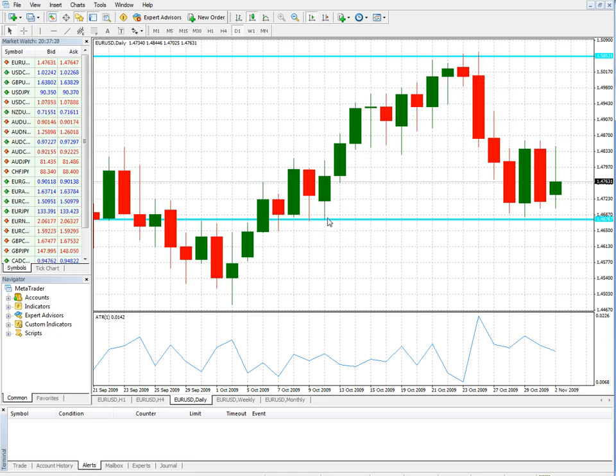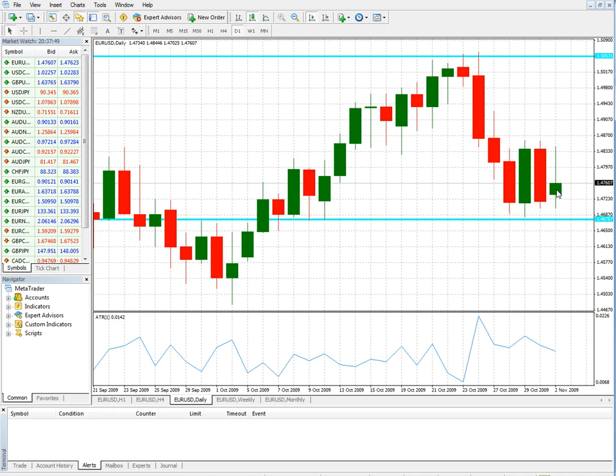Now, as you can see, prices are still inside of this channel for this particular breakout. So at that particular point, nothing would happen. But how the breakouts work is you basically choose the time period, and this is daily.